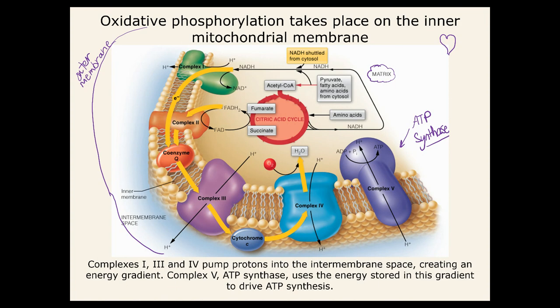Okay, a couple of key ideas then is that each of these complexes will contain a series of redox reactions. And we're going to look at each of the complexes separately for the next several slides. But that's our overarching idea, that they have a series of redox reactions.